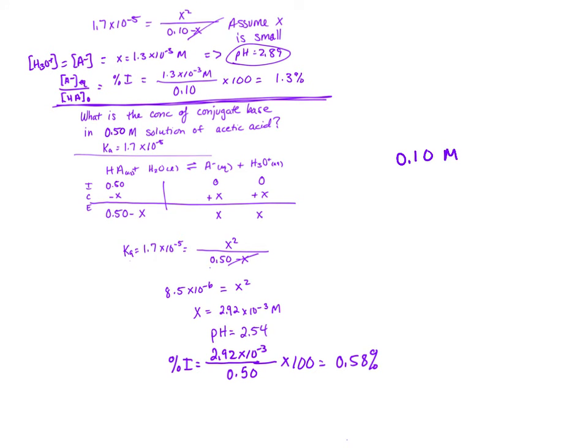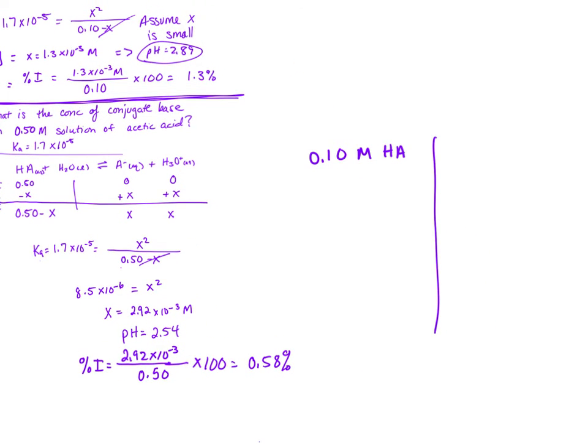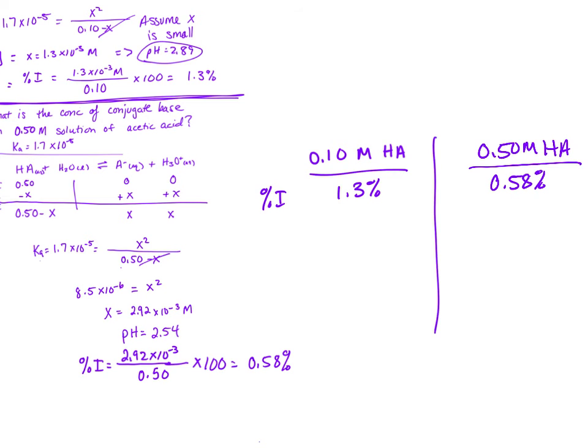For our 0.1 molar acetic acid versus our 0.5 molar acetic acid, percent ionization for the 0.1 molar was 1.3%, and for the 0.5 molar it's gone down to 0.58%.